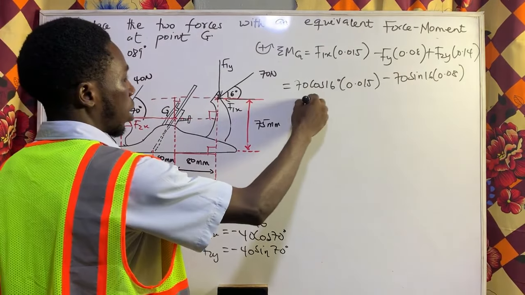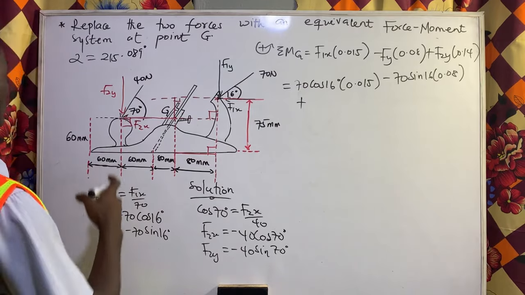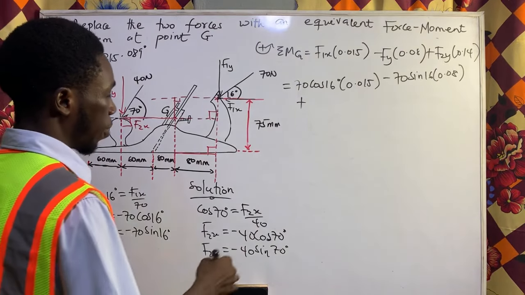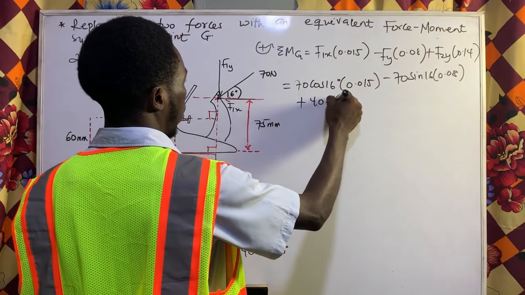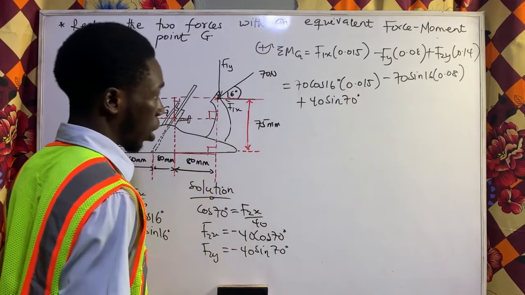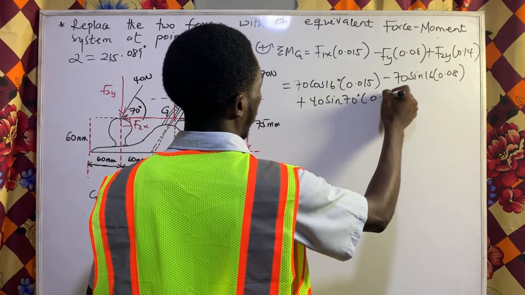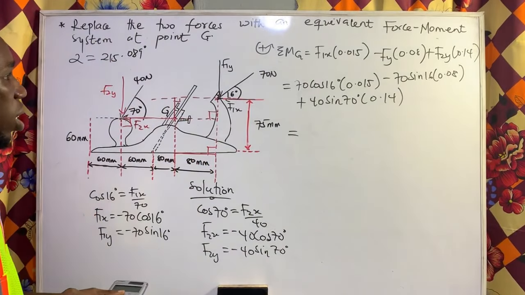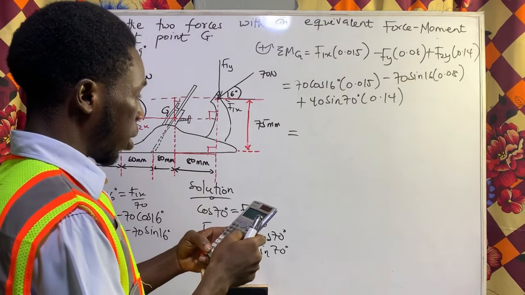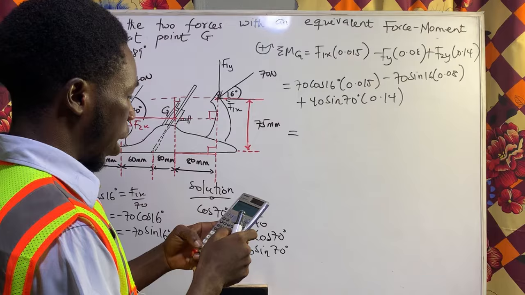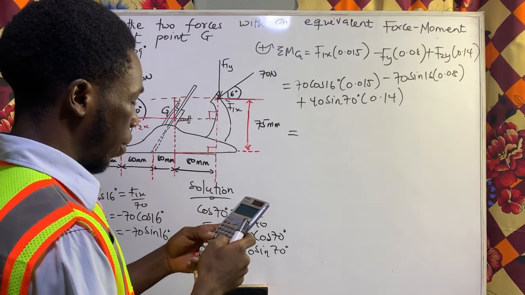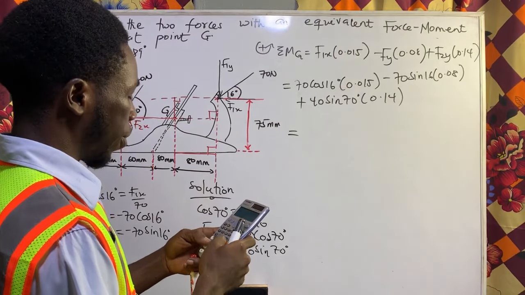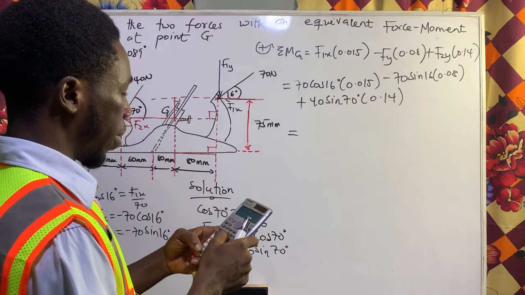Plus F2y, which causes the counterclockwise moment, so that's also positive. That value is 40 sine 70 degrees multiplying 0.14. Now let's find the resultant moment: 70 cosine 16 multiplying 0.015, minus 70 sine 16 multiplying 0.08, plus 40 sine 70 multiplying 0.14.